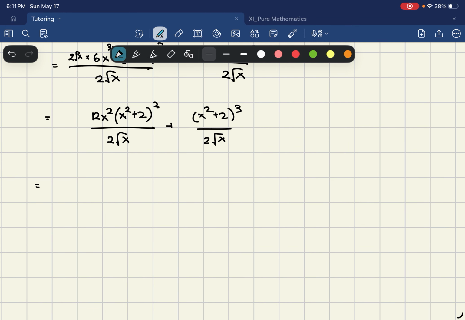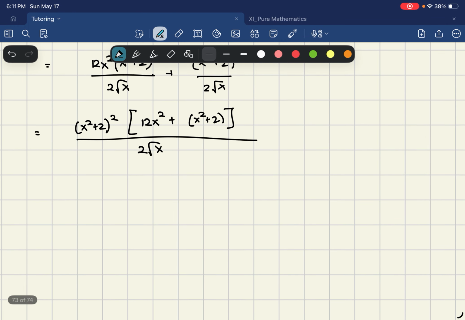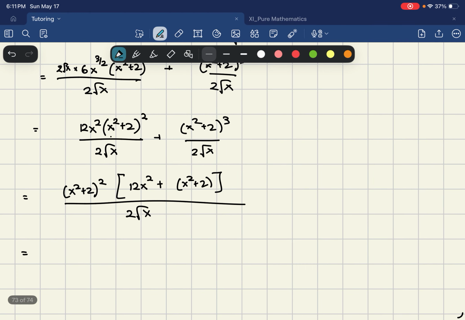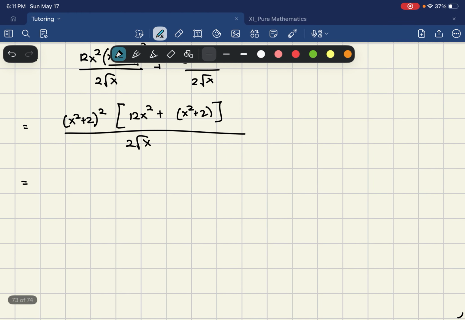Alright, so now I can factor out (x squared plus 2) squared from the numerator, and I will get 12x squared plus (x squared plus 2), and 2 root x in my denominator. So you can just factor out the lowest power here, and you get this expression: (x squared plus 2) squared times (13x squared plus 2) over 2 root x. So that is going to be your solution, probably in the simplest form.